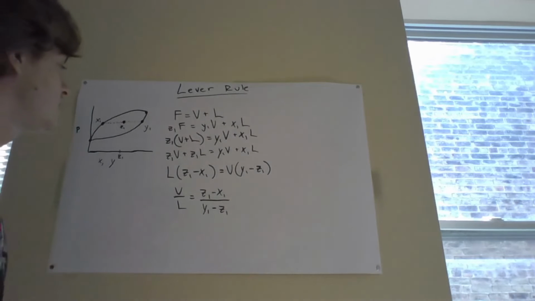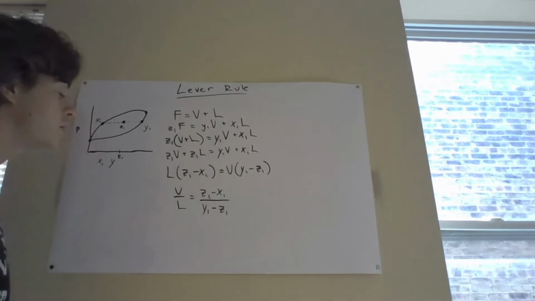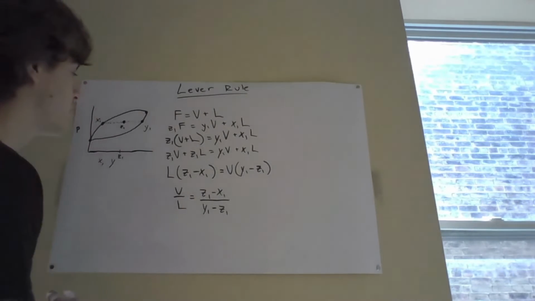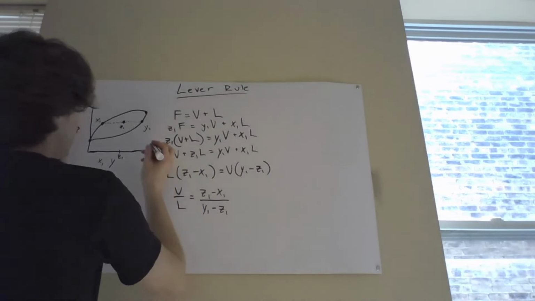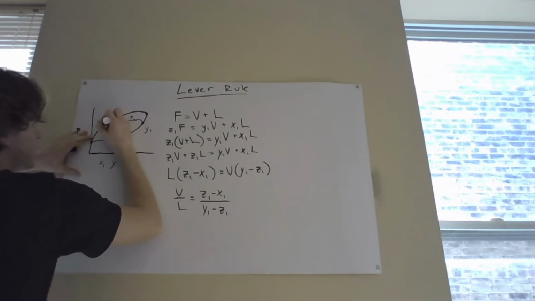So now we can see from here that this is the expression for the lever rule, and in the numerator over here, the z1 minus x1 value is this distance on our graph.